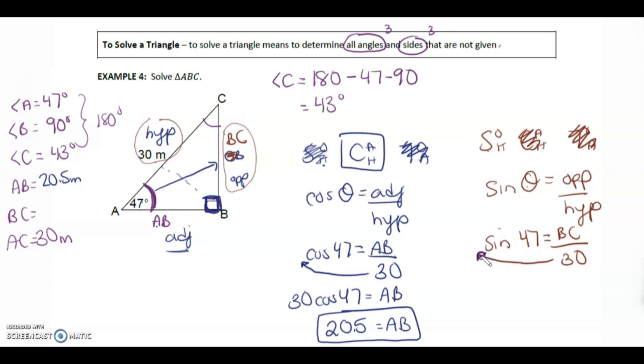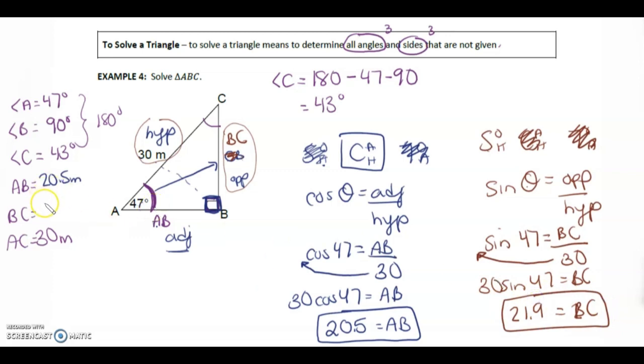We cross multiply the 30 up, and then we can put 30 sine 47 into our calculators, and we get 21.9. Okay, so we can write 21.9 meters.